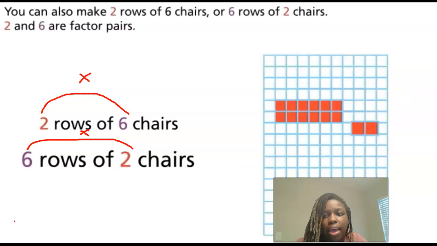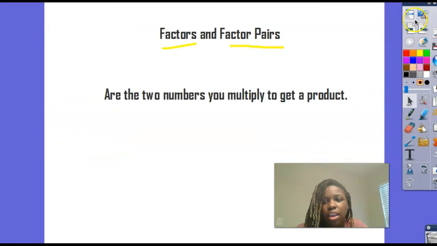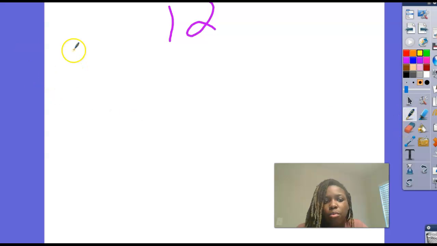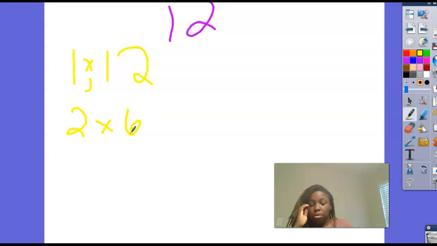So we're going to look at, no, it is not. Now let's think, for 12, we said 1 and 12. It's like 1 times 12. Then we said 2 times 6. What else can I multiply?